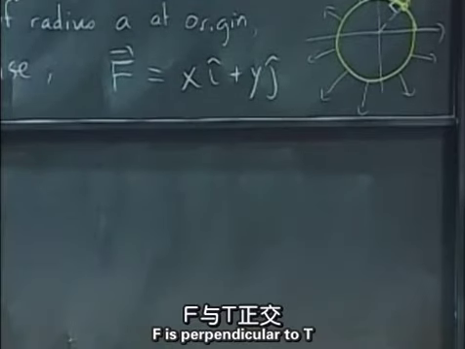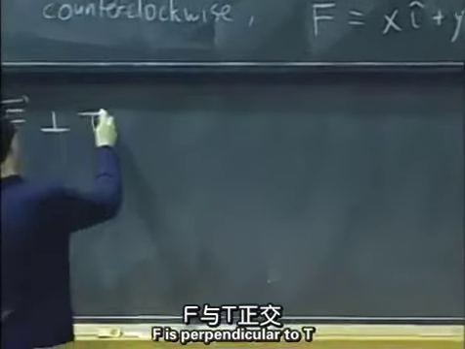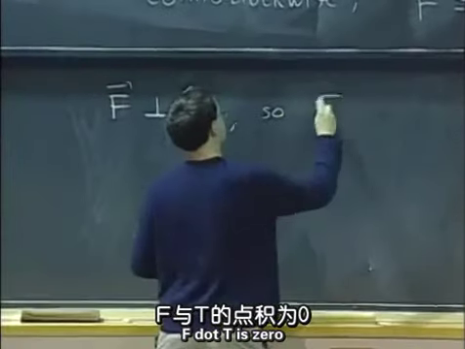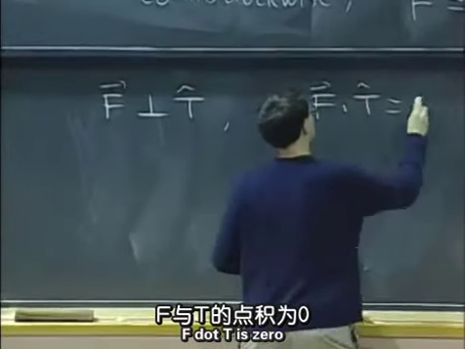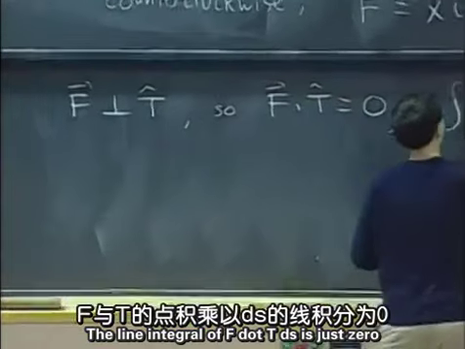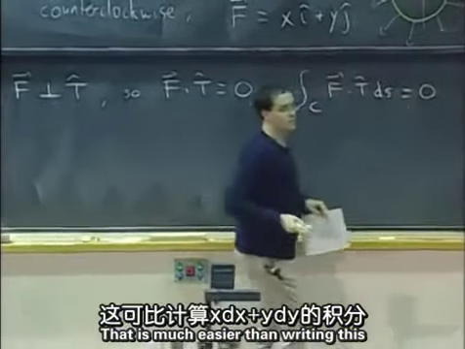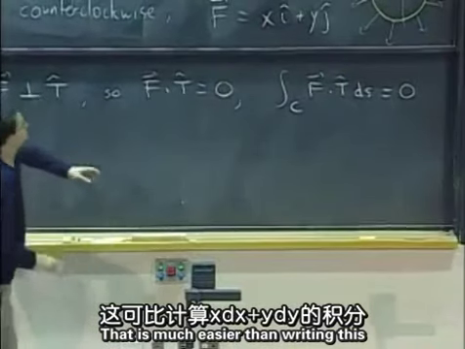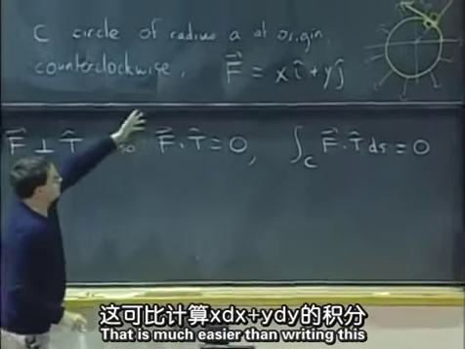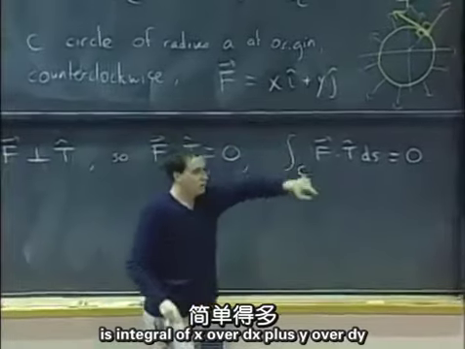So f is perpendicular to t, so f dot t is 0, and the line integral of f dot t ds is just 0. See, that's much easier than writing, well, this is integral of x dx plus y dy.